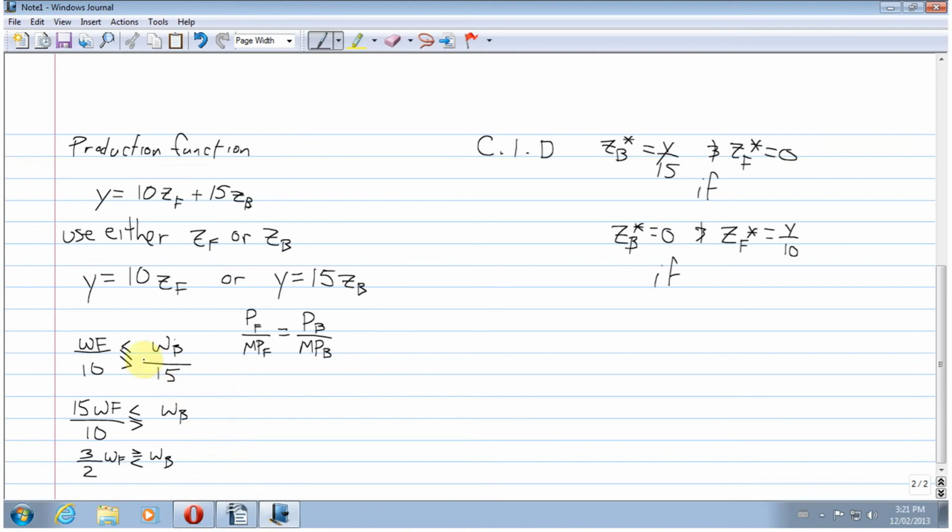Remember I said this was the marginal cost equation. So if marginal cost of Fred is less than marginal cost of Barney, use Fred.